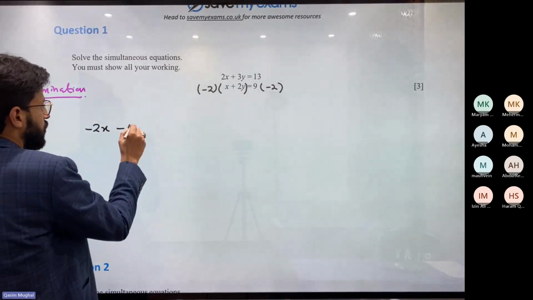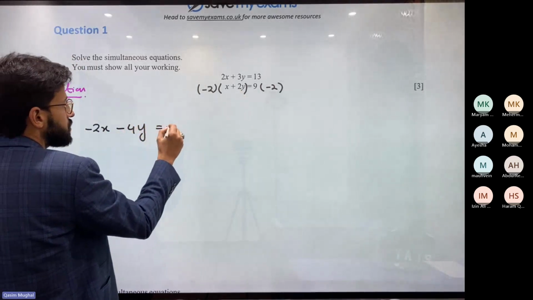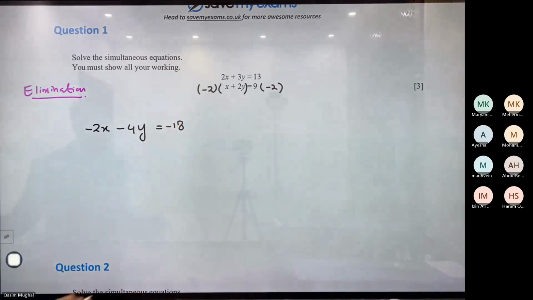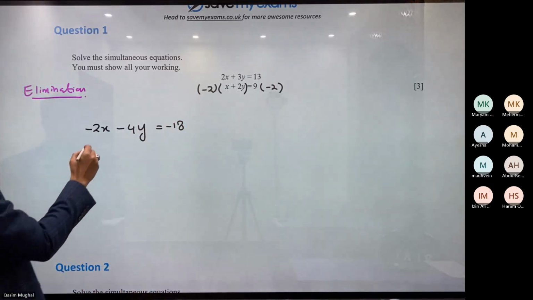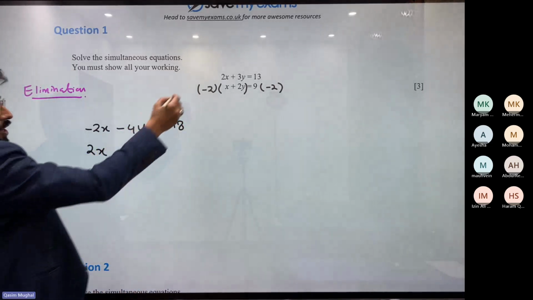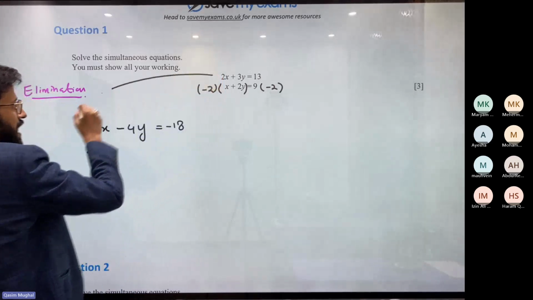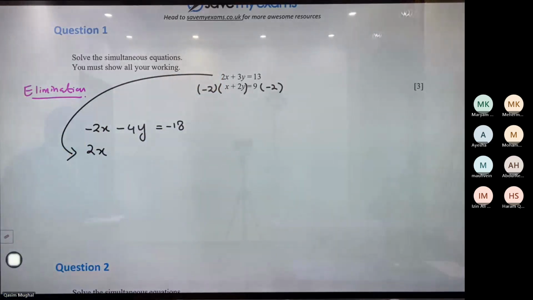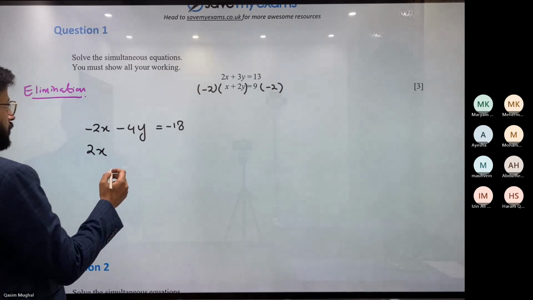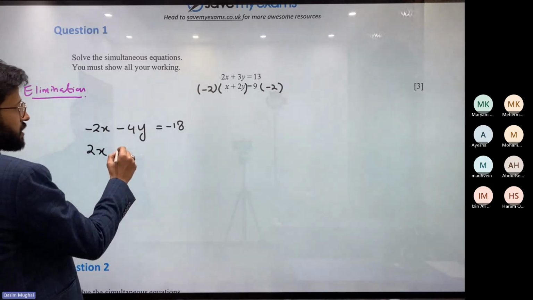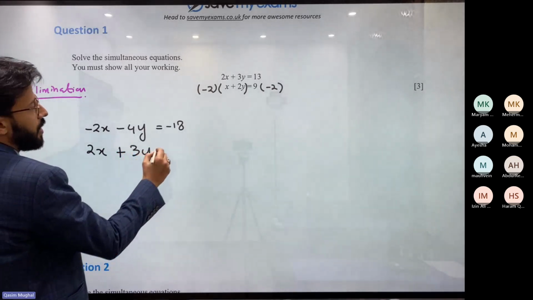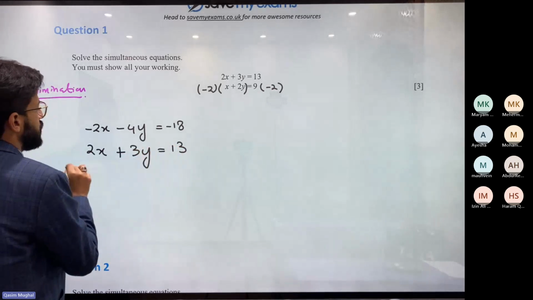This is going to give me -4y equals -18. Next, I'm going to write down the first equation as it is underneath it: plus 2x plus 3y equals 13.